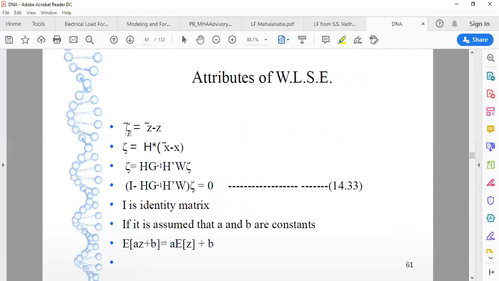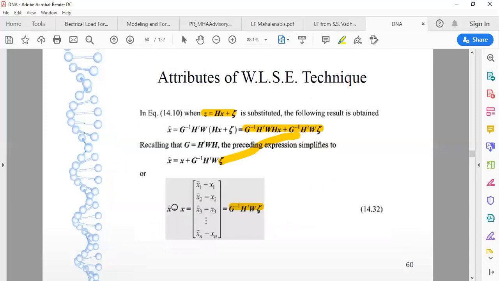See over here, error hat is equal to Z hat minus Zi. Over here, if the value is substituted, it is H into x hat minus x. Now what is x hat minus x? In our previous slide, we determined that x hat minus x is equal to G inverse H transpose W into zeta.